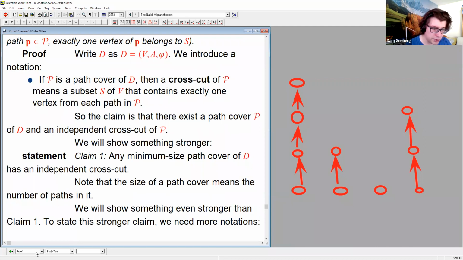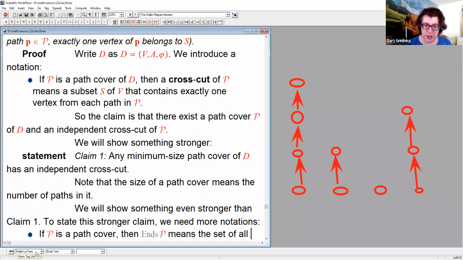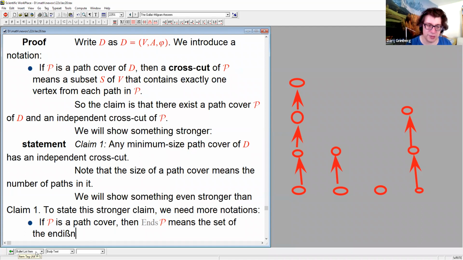First of all, if P is a path cover, then ends P means the set of the ending points of all paths in P. So for example, how should I draw this?